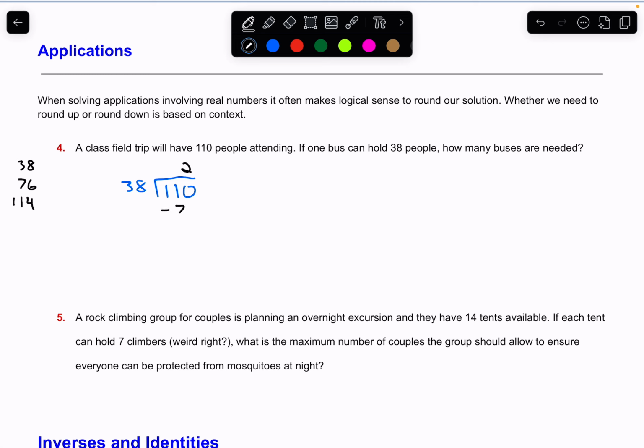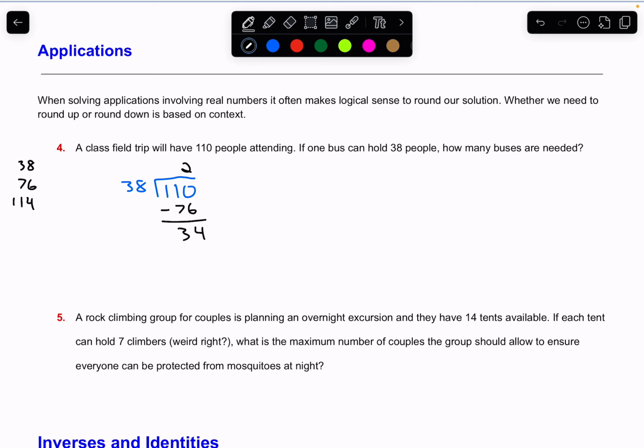So then I'm going to subtract 76 down below here. Okay, in order to do this subtraction, because 0 minus 6 doesn't work, I'm going to have to borrow one from the next row. So I'm going to take one away from the middle. So then we're doing 10 minus 6 is 4. Okay, then we have 10 minus 3. And so we're going to have 34 here.